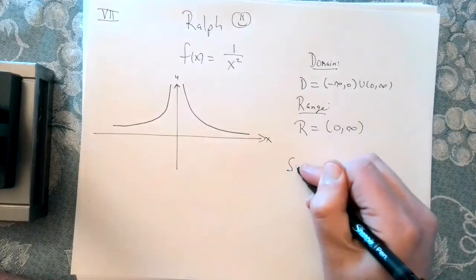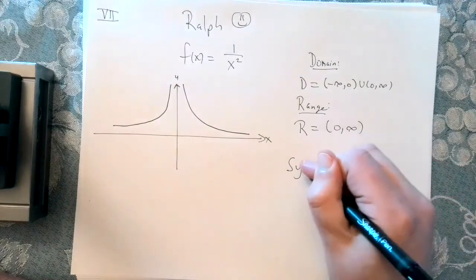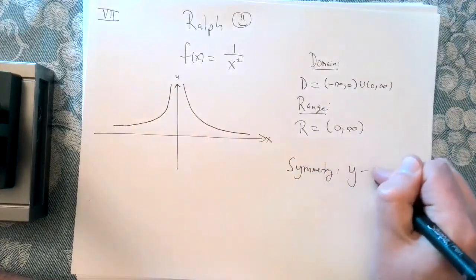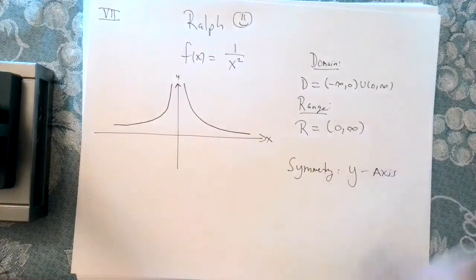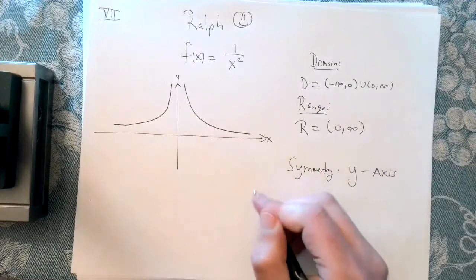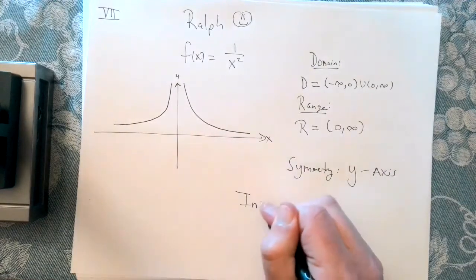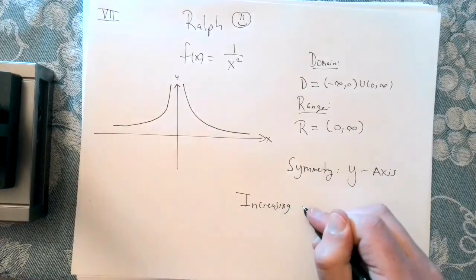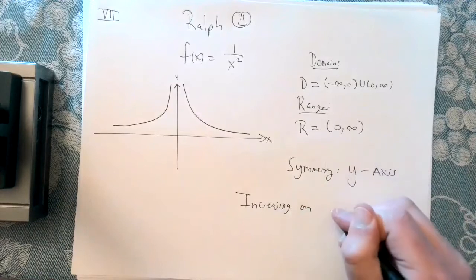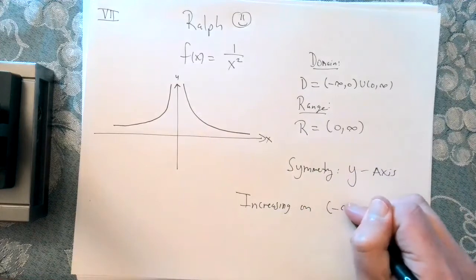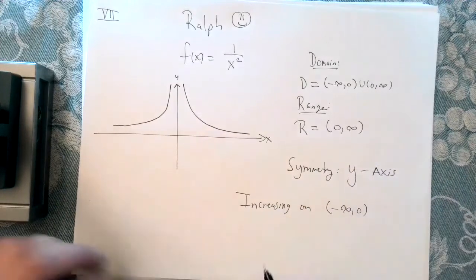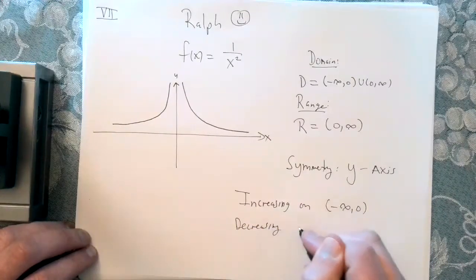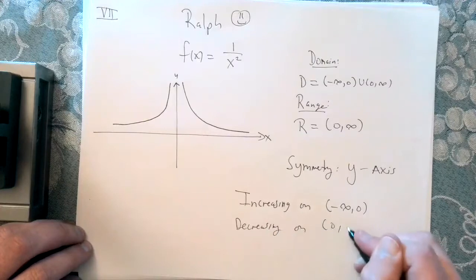And symmetry, if I drew this correctly, it should have y-axis symmetry. And what about increasing, decreasing? So Ralph is increasing from minus infinity to 0, and Ralph is decreasing from 0 to infinity.